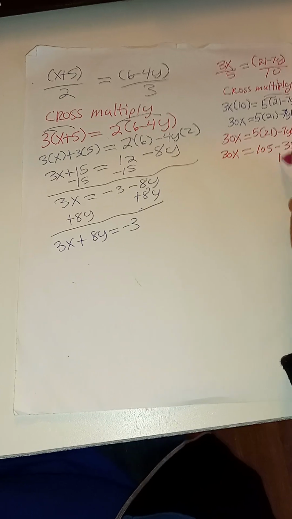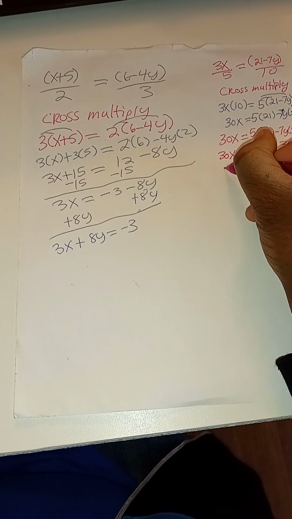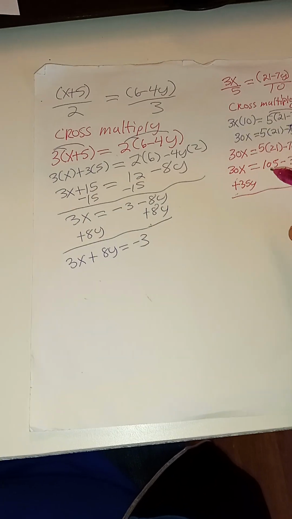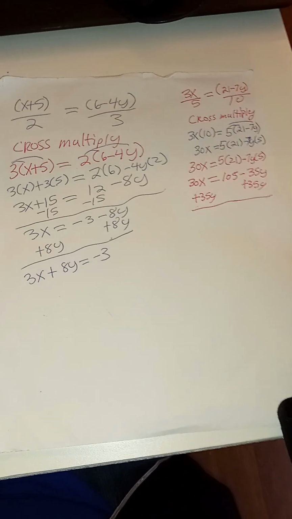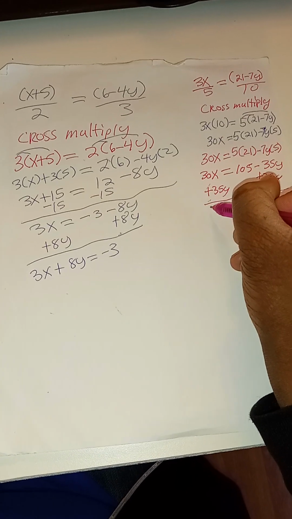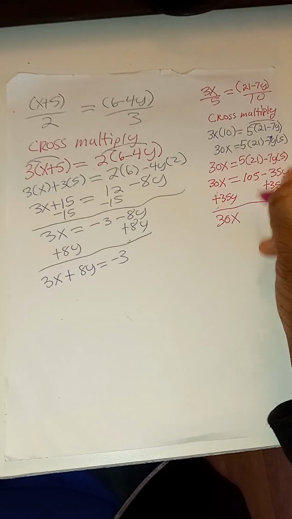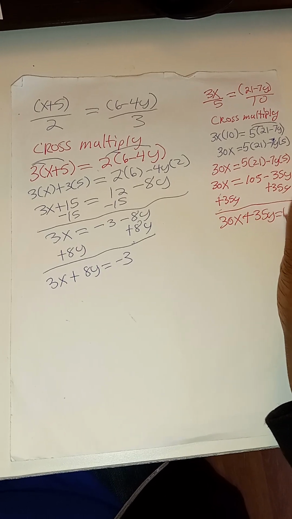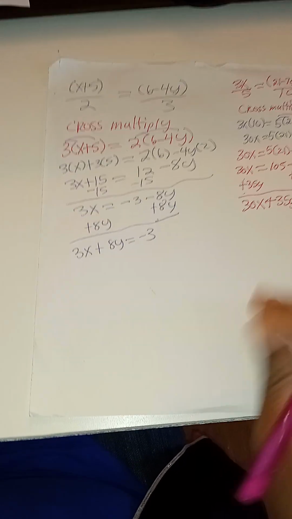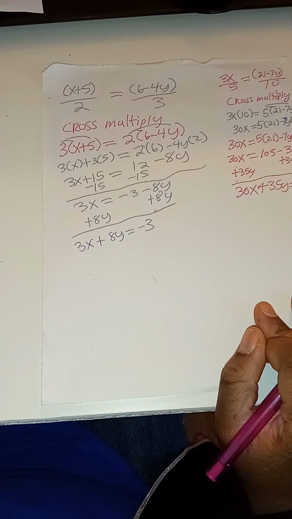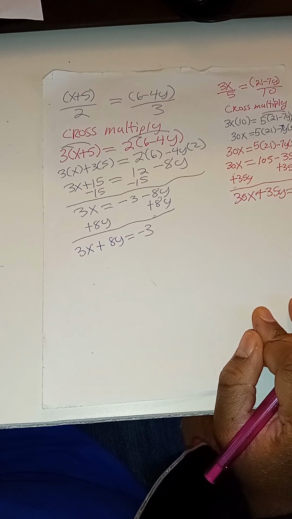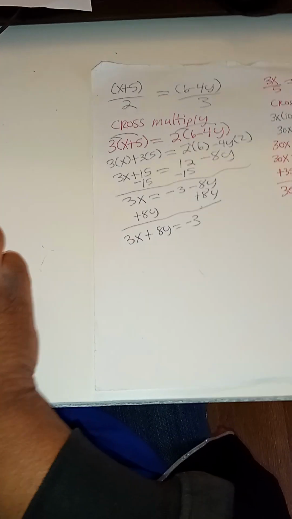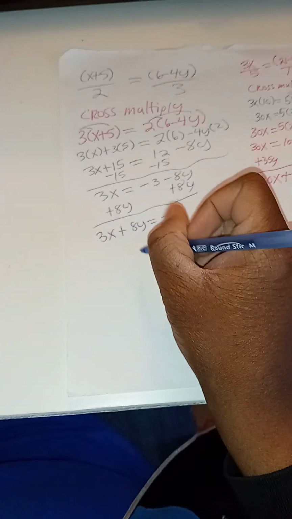So we need to add 35y to the other side of the equation. So this will turn into 30x plus 35y is equal to 105. Now we have our second linear equation that we can put together to utilize the elimination process.